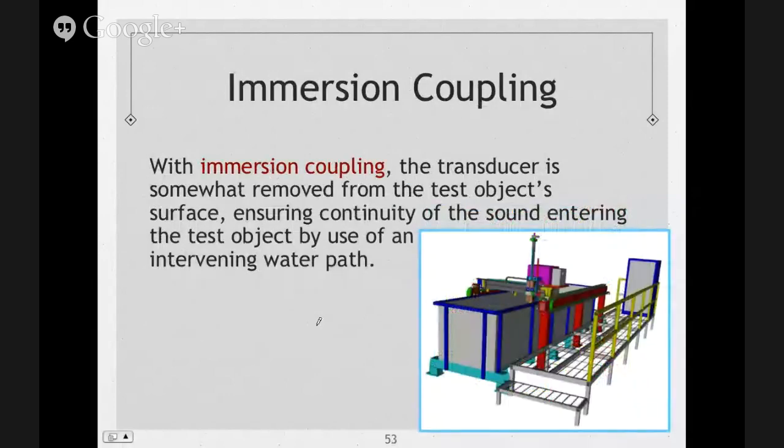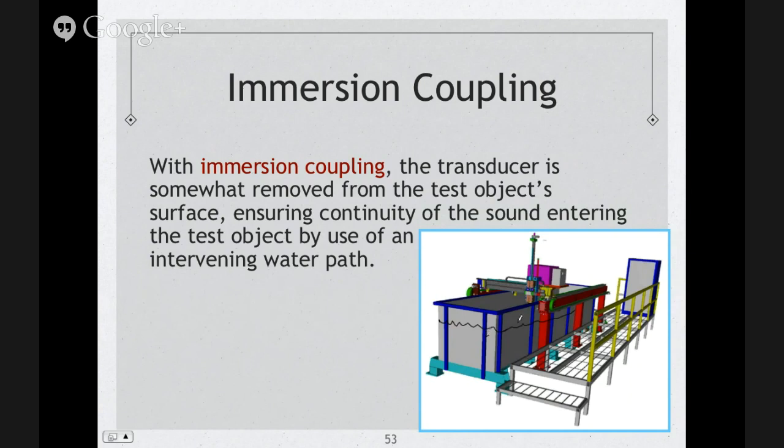So, immersion coupling. With immersion coupling, the transducer is somewhat removed from the test object surface, so it's not contact testing. Continuity of the sound entering the test object is ensured by the use of an intervening water path. This would be our tank, filled with water, and this is our bridge, the one that's moving and indexing our transducer.